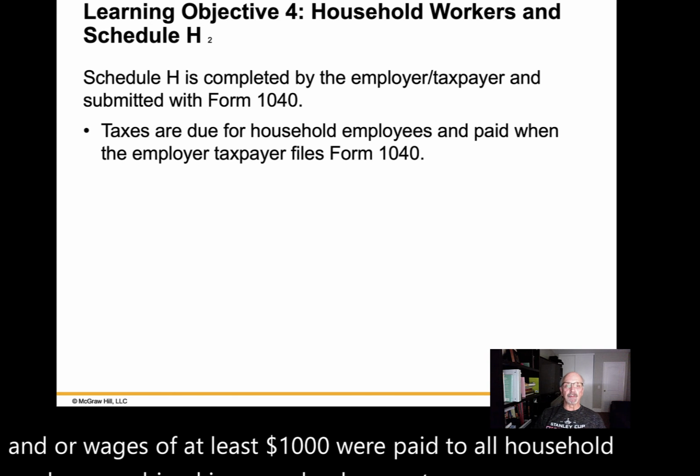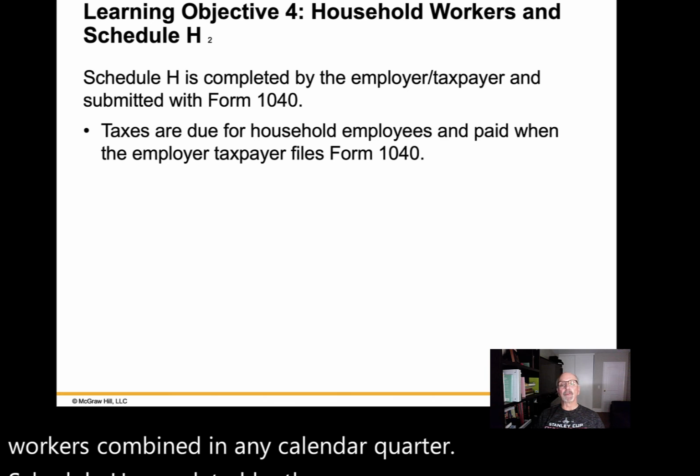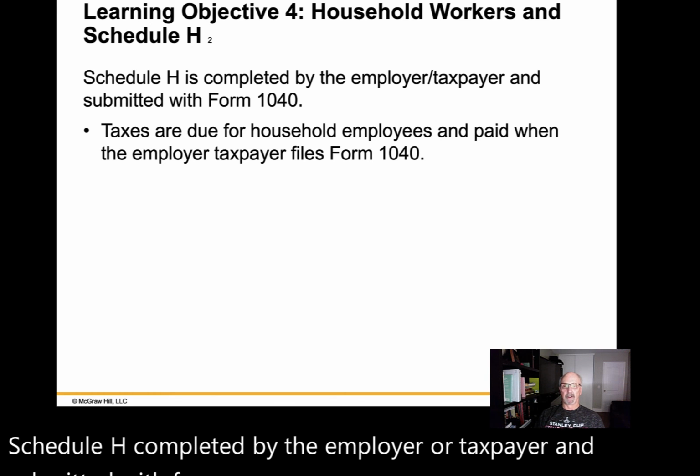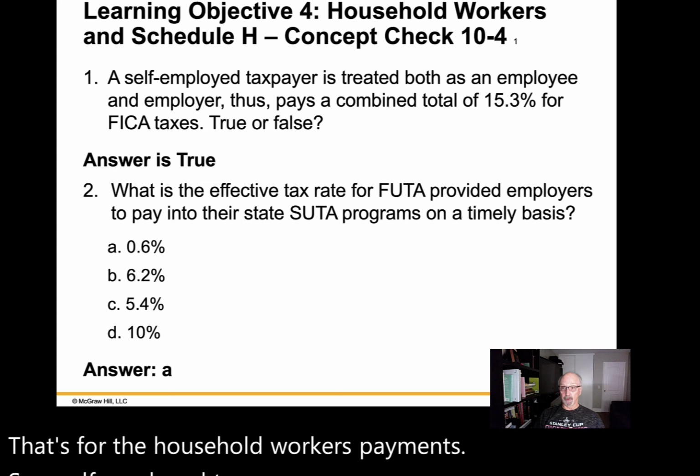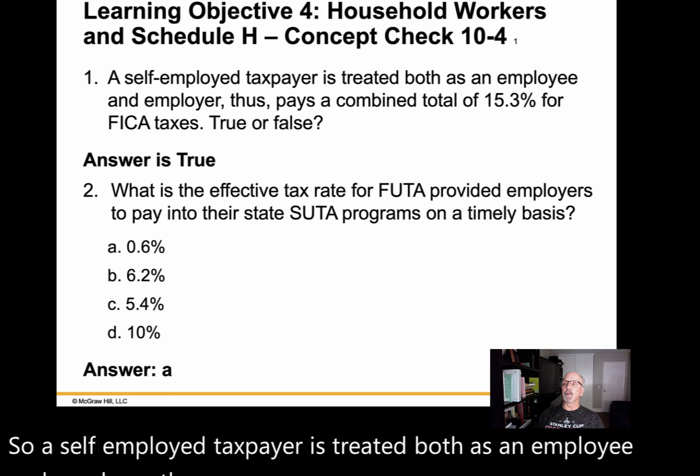Schedule H, completed by the employer or taxpayer and submitted with Form 1040. That's for the household workers' payments. So a self-employed taxpayer is treated both as an employee and employer, thus pays a combined total of 15.3%. That's true. We talked about that before.